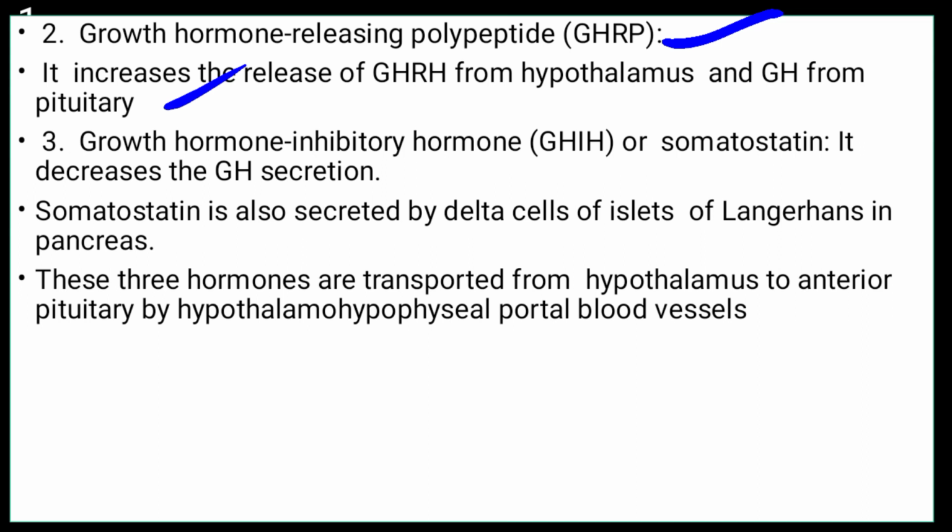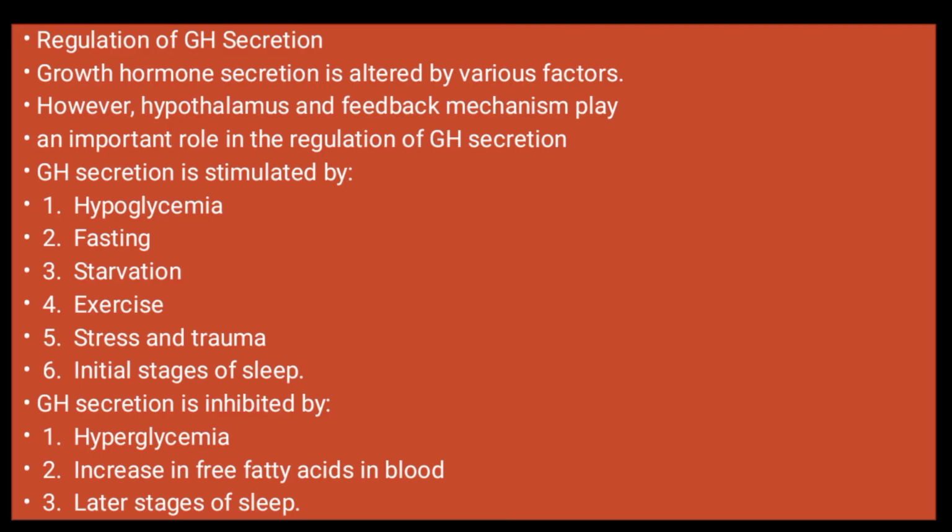Growth hormone inhibitory hormone, or somatostatin, decreases growth hormone secretion. Somatostatin is also secreted by the delta cells of the islets of Langerhans in the pancreas. These three hormones are transported from the hypothalamus to the anterior pituitary by hypothalamo-hypophyseal portal blood vessels.